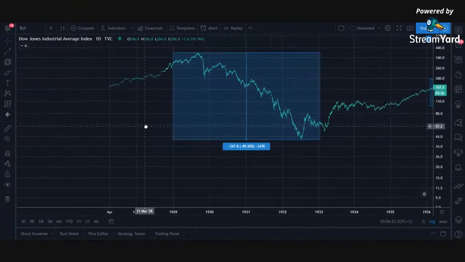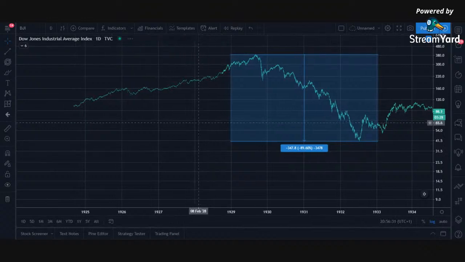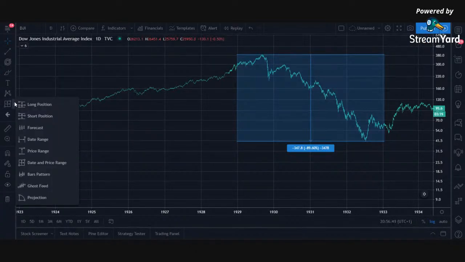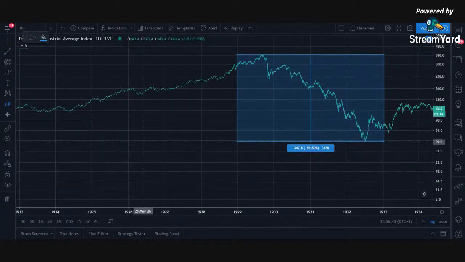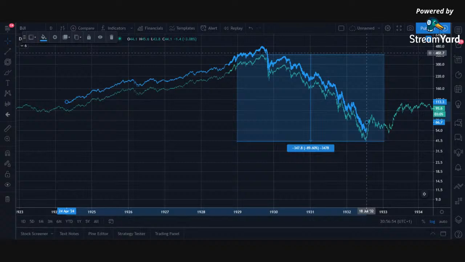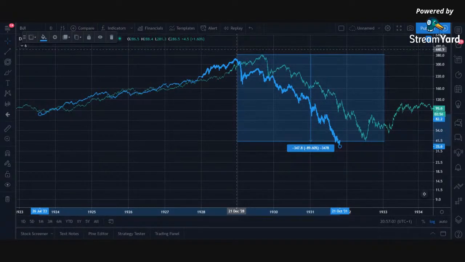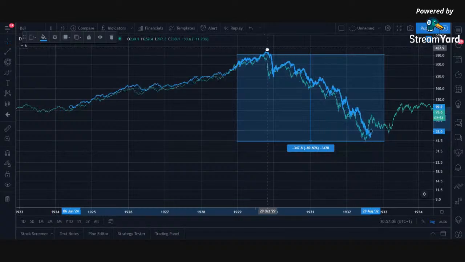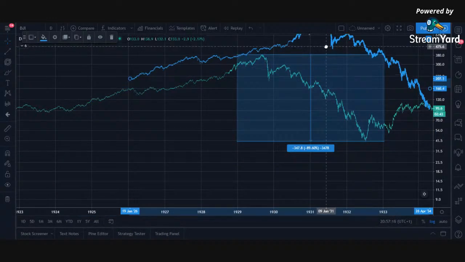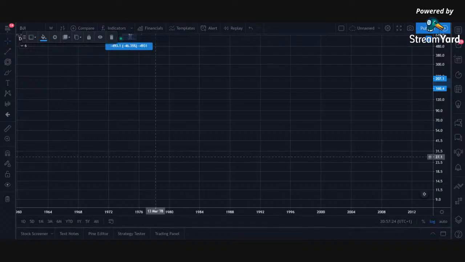Okay, so maybe this will be better to do as scale, I don't know. So let me try to copy these bars pattern, so let's make it from this to this dot. Okay, this is it. So let me try to move this to our recent days. Go back into the weekly here. Now I'll be able to do it.